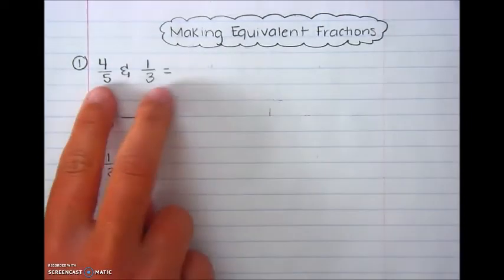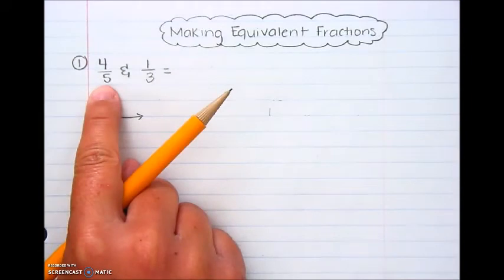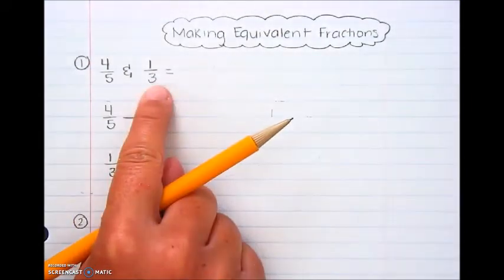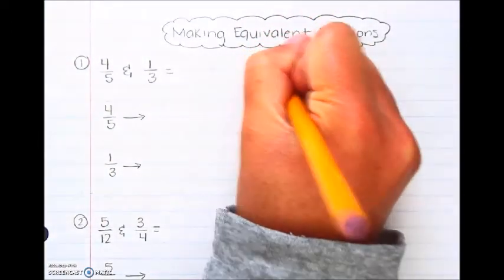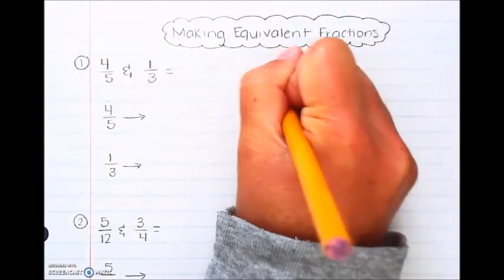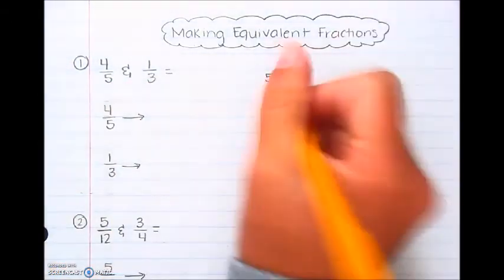That's true also with 4/5 and 1/3, but the number of possibilities to start with is a little bit more defined. So first, in order to make equivalent fractions, I need to find a common denominator. That means I'm going to list out my multiples of my denominators 5 and 3. I always recommend starting with the first 5 multiples because most of the time you'll find something in common in the first 5.